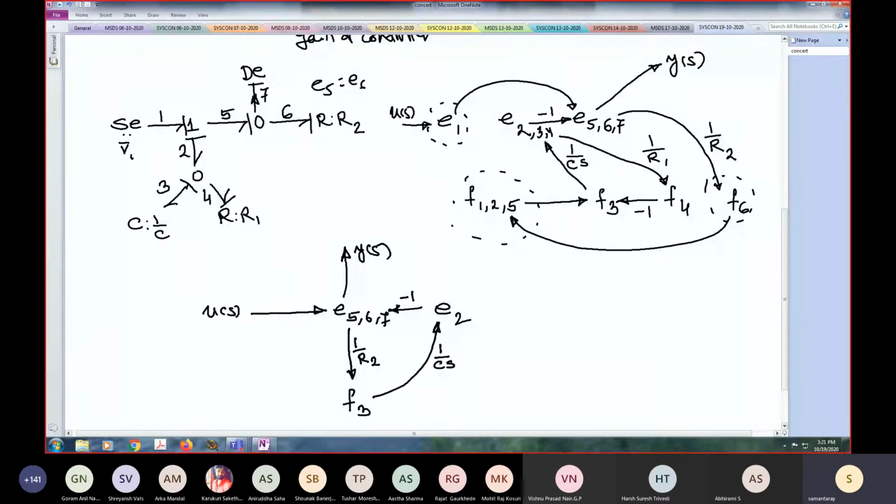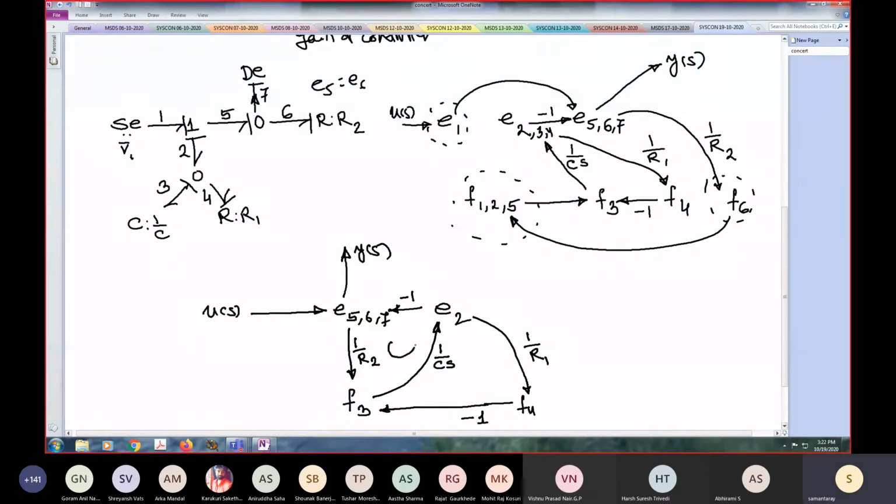And we have E2 to F4 and back to F3. E2 to F4, this is 1 by R1, and gain here minus 1. So that is our reduced model.